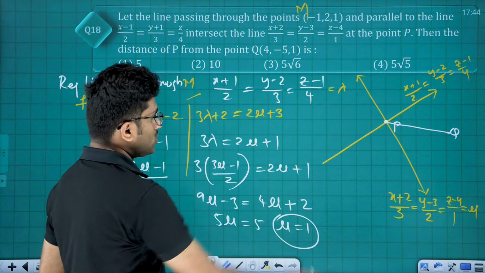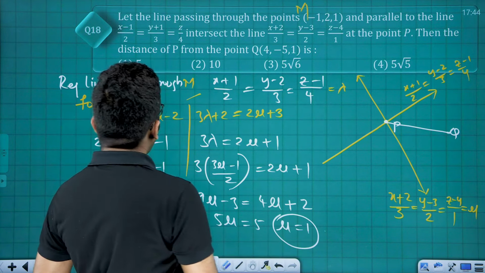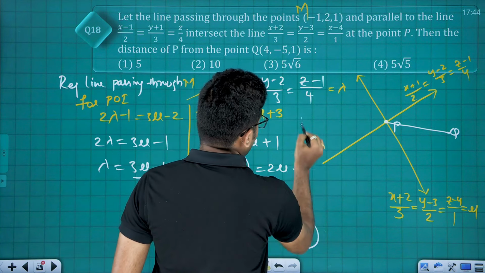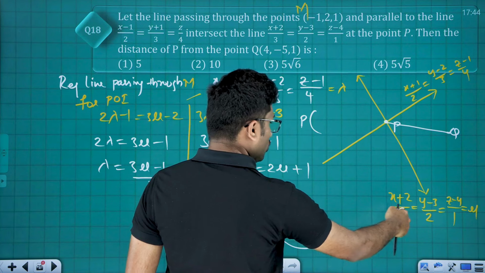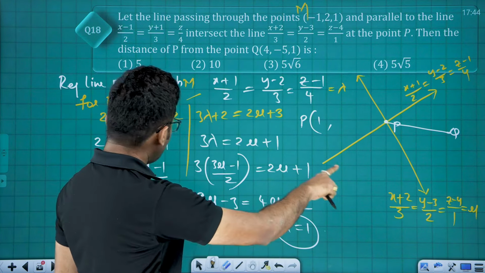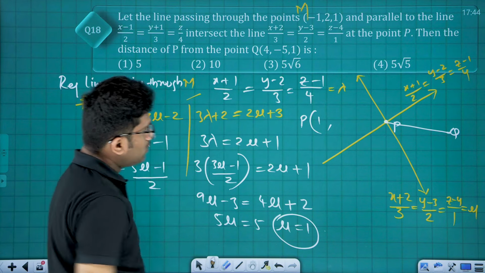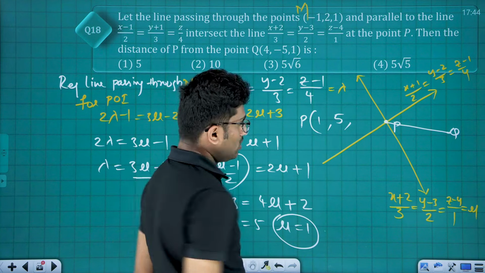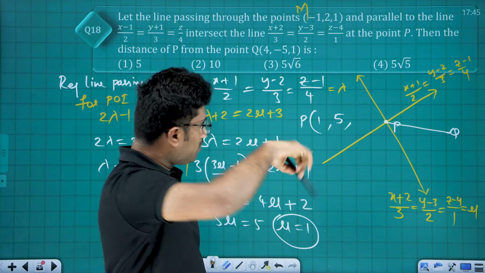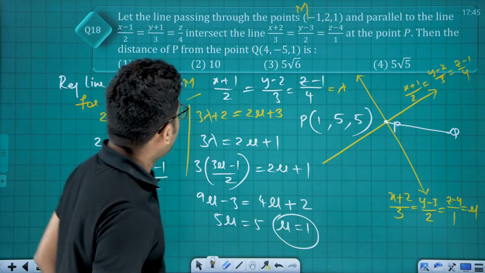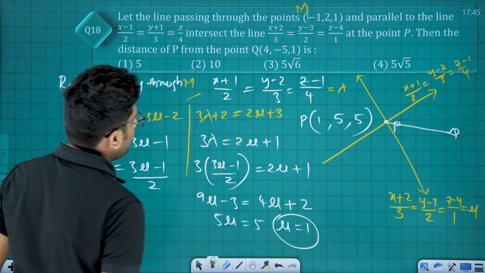Put mu equal to 1 in any one of the equations and we will get point P. Now what is point P, friends? If you put mu 1, we get 3 minus 2 is 1, 2 plus 3 is 5, 1 plus 4 is 5. So P is (1, 5, 5), and the other point is (4, minus 5, 1).